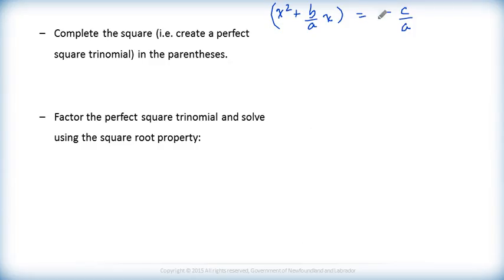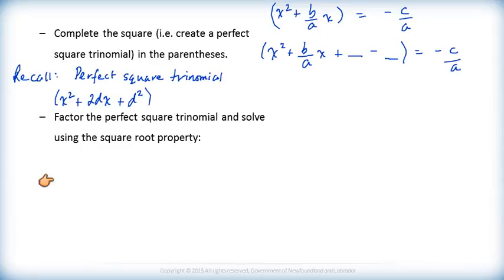Okay, I've copied the last step from the previous slide. Now we've got to complete the square, that is, create a perfect square trinomial inside the brackets. So we do that by making two blanks. That should be a subtraction there in front of that second blank. Let's fix that. There we go. Equals negative c over a here.